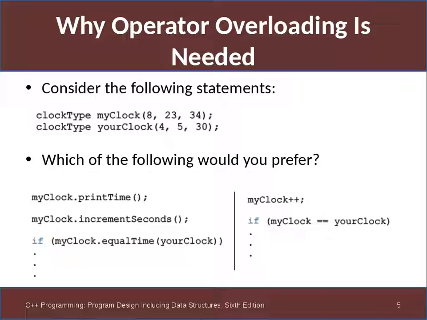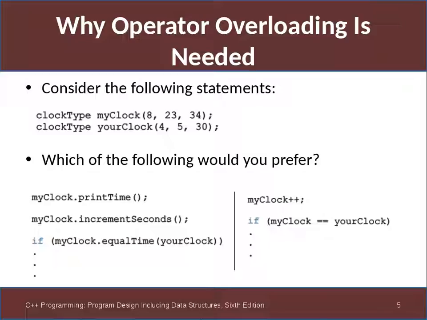The left, because it actually prints the time. It shows more information. That, depending upon how the program is structured, can be good or bad. But if we're just looking at the lines of code, to the right.